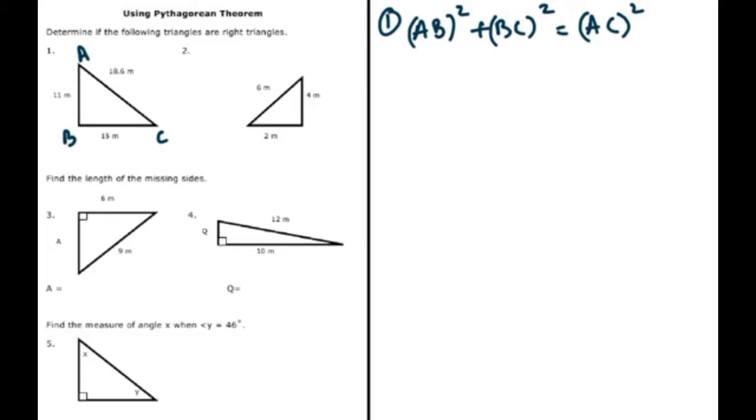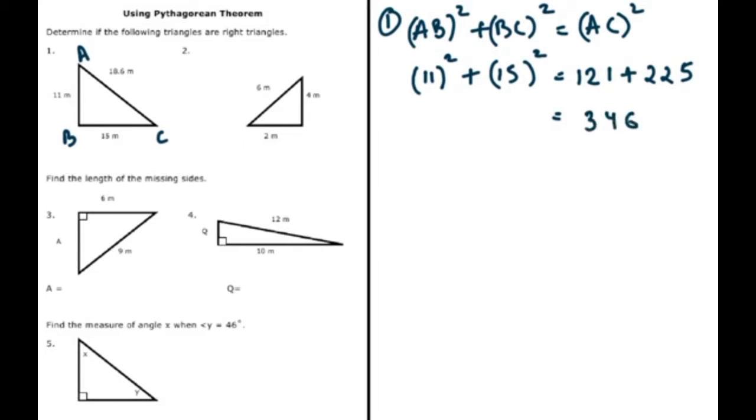Let us put the values. AB is given as 11, BC is 15 meters and this should be equal to 18.6 meters square. Let us see what this value is. 11 square is 121, 15 square is 225 and this comes out to be 346.